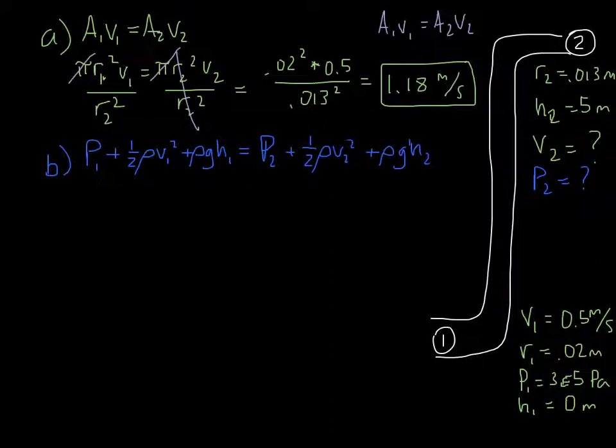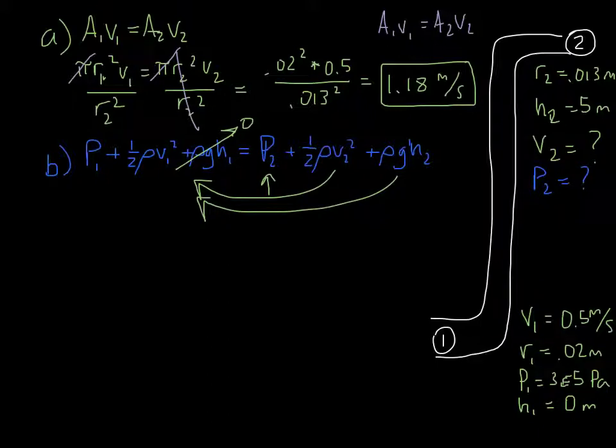The first thing we can do is focus on the fact that H1 is equal to 0, so we'll knock that term out of the equation. We're trying to solve for P2, so we want to get that by itself.